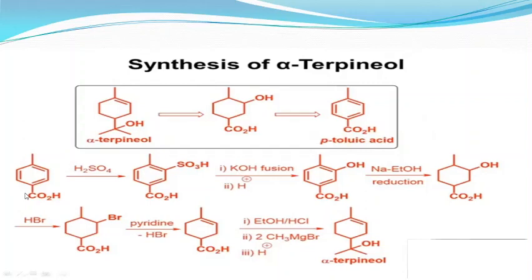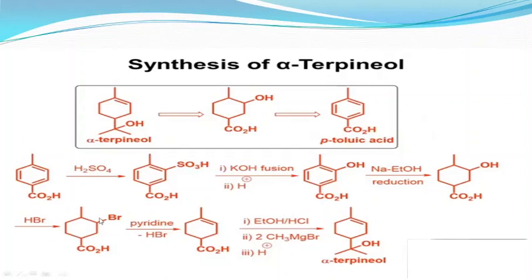So we take the first starting compound, paratoluic acid, which on reaction with sulfuric acid undergoes sulfonation. As this is a carboxylic acid, sulfonation takes place at the meta position, and then this compound undergoes KOH fusion and acid hydrolysis, converting into an OH group, which on reduction with sodium and ethanol converts the aromatic ring into a saturated cyclic ring, and we get this type of cyclic compound, which on reaction with HBr undergoes a substitution reaction.